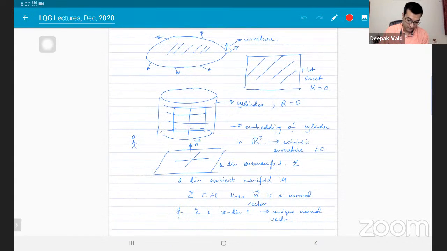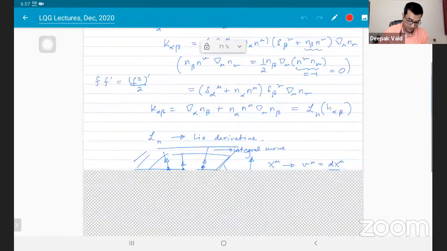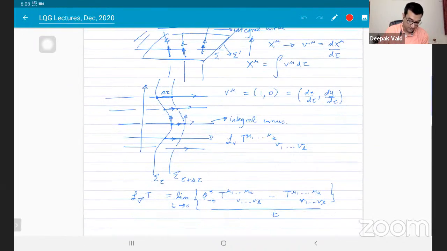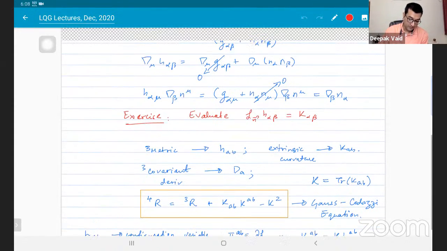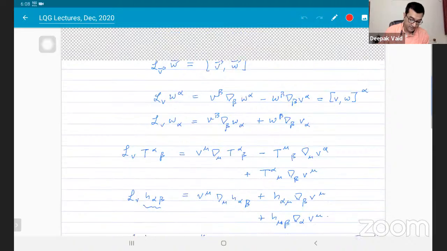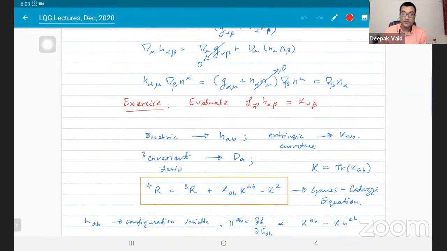Anyway, I'm sure Sundance recognizes most of it. Yes, this is looking quite familiar so far. And we ended at this Gauss-Codazzi equation. Well, I didn't derive it, but I told you that's the end goal.